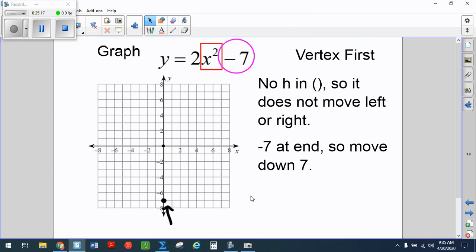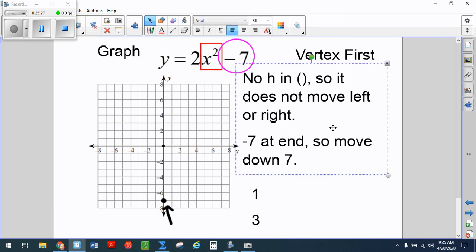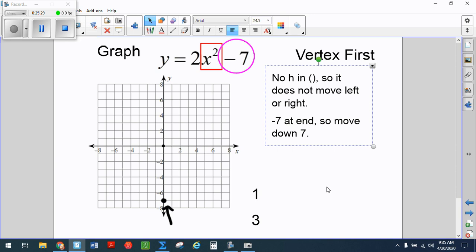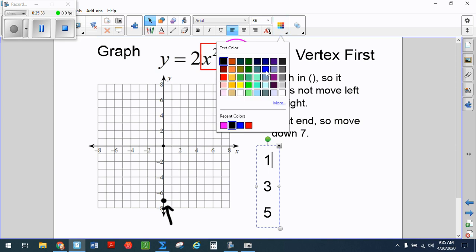Okay, then I would use my 1, 3, 5 pattern. So normally I would go over 1 up 1, over 1 up 3, over 1 up 5. But I actually have this blue 2 in front.